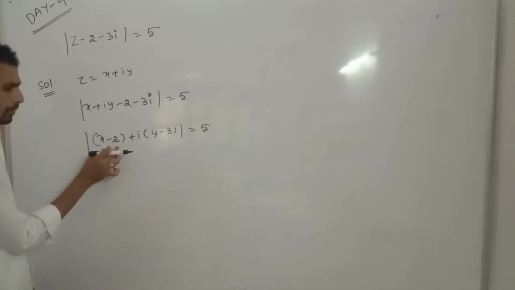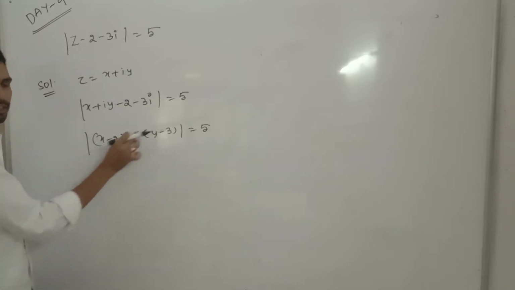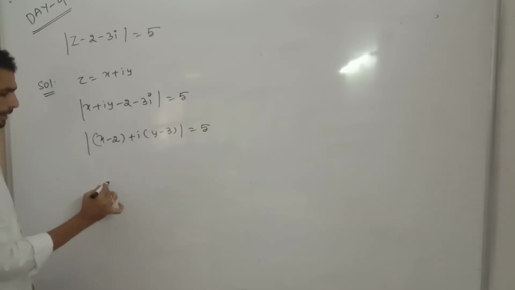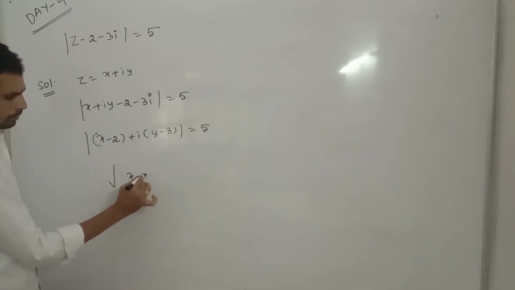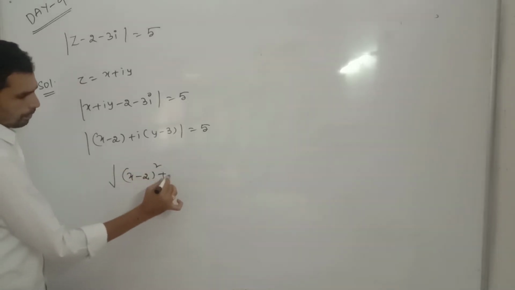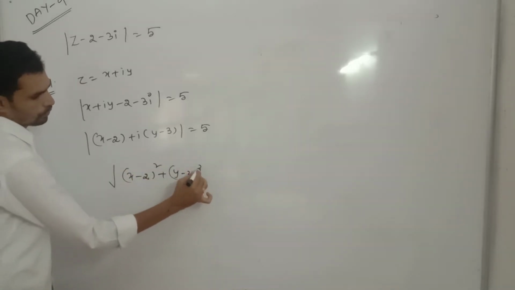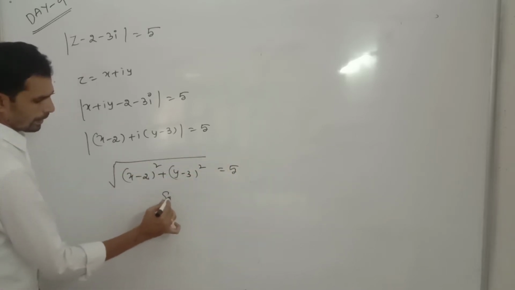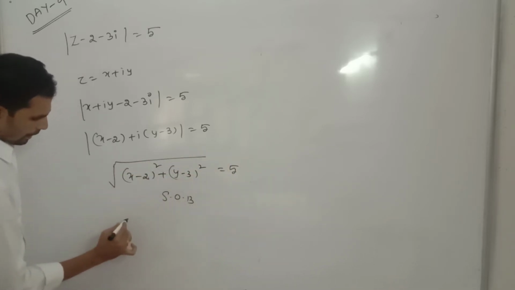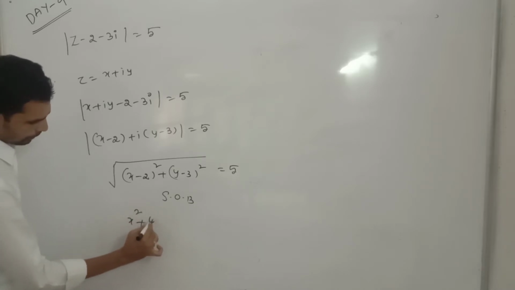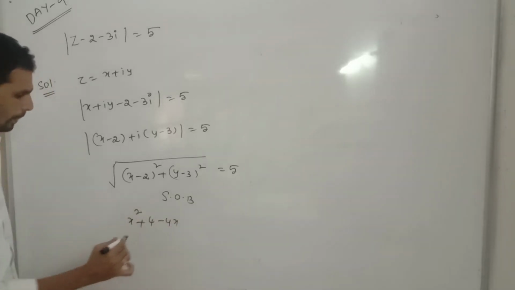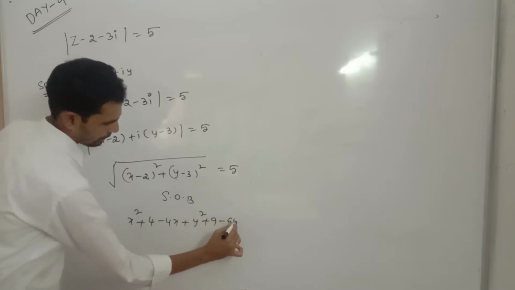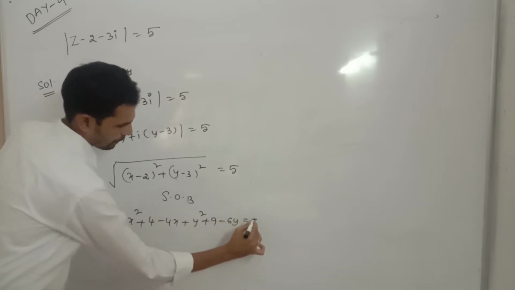What is the real part? The real part is x minus 2. The imaginary part is y minus 3. Modulus means under root of real part square plus imaginary part square. So the modulus means square root of x minus 2 whole square plus y minus 3 whole square is equal to 5. Now squaring on both sides, we get x square minus 4x plus 4 plus y square minus 6y plus 9 is equal to 25.